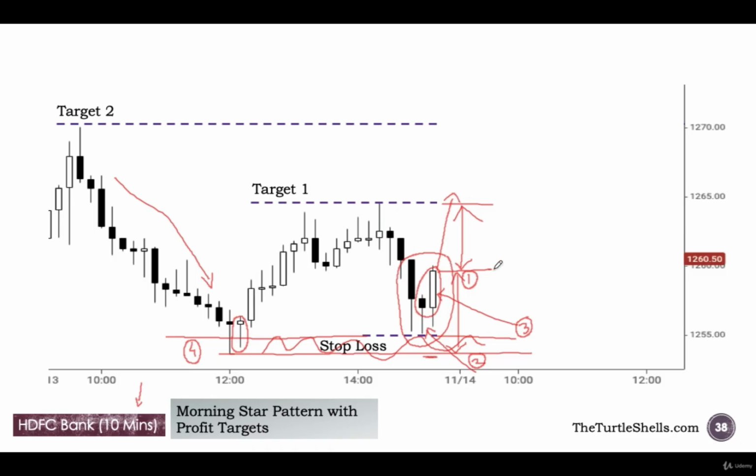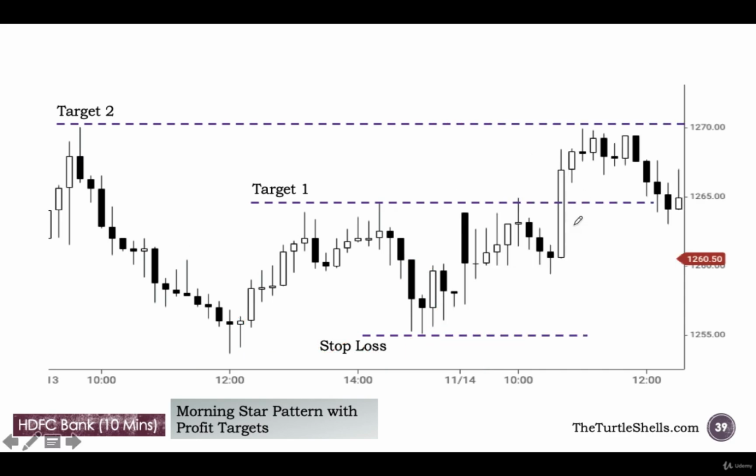However, the actual trade would be this, where I keep my stop loss under this, and that would be my second target, this one. It is still not 2:1, but it is very close to 2:1. So I would have to measure it. I would take it only if it is a 2:1 trade, okay? So in this case, the trade has worked out fine. It has achieved this target without going anywhere near the stop loss.